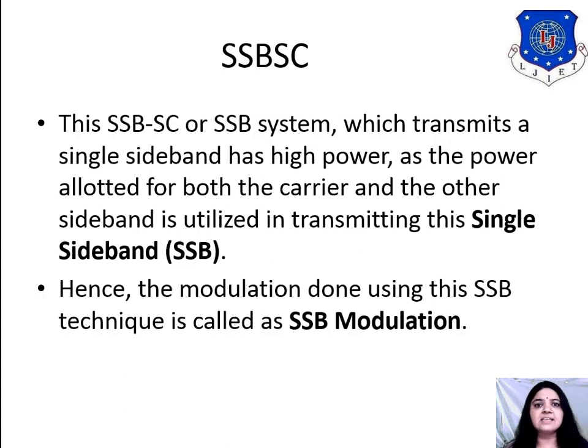So this SSBSC or SSB system transmits a single sideband at a higher power, as the power loaded for both the carrier and the other sideband is utilized in transmitting this single sideband. Hence, the modulation done using this SSB technique is called the SSB modulation.